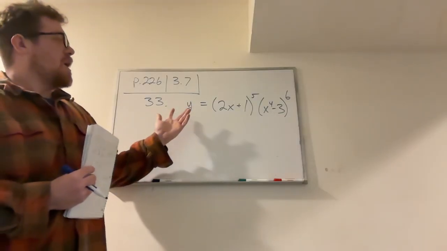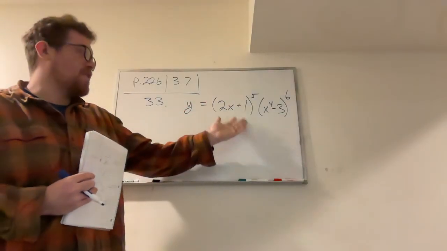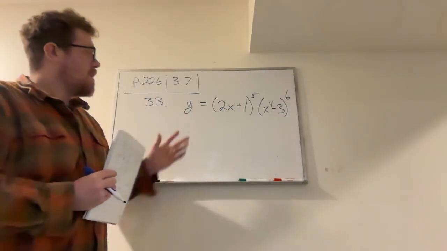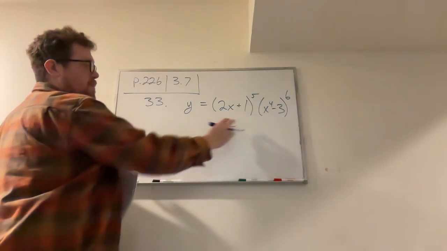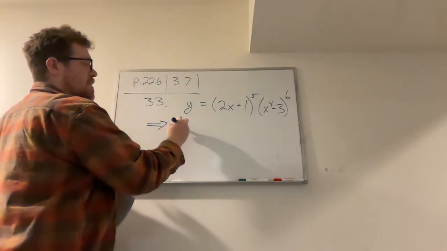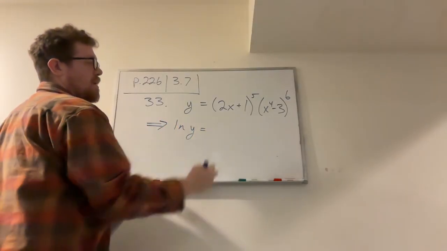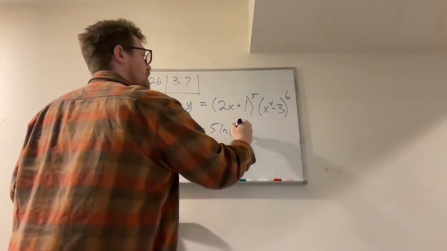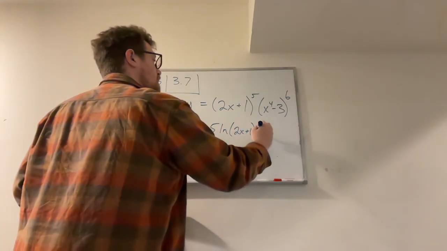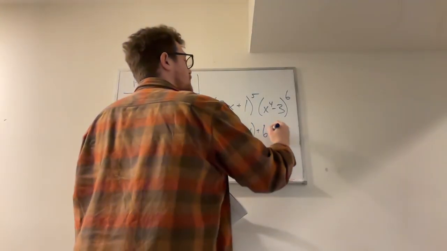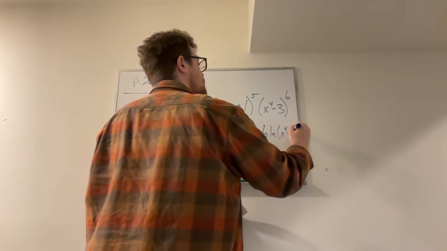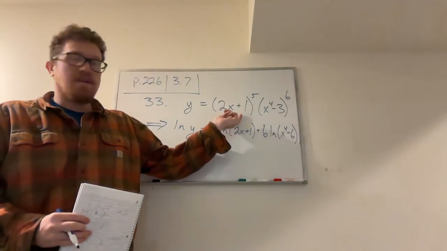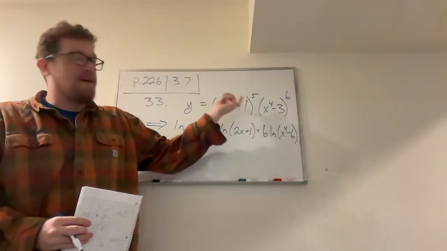So take the log of both sides, and use the log property that log turns products into sums. If y is equal to this, then the natural logarithm of y is going to be 5 times the natural logarithm of 2x plus 1, plus 6 times the natural logarithm of x to the 4th minus 3. Because a product to the 5th power just means I have this times itself 5 times.